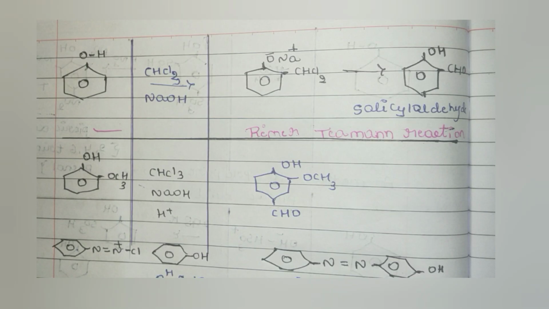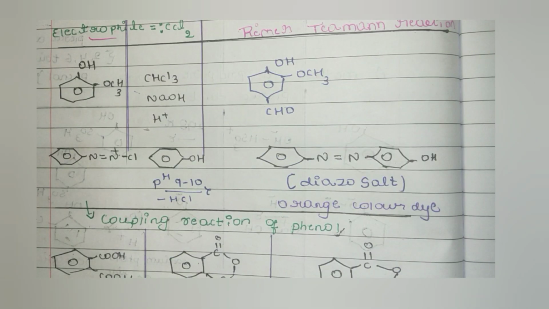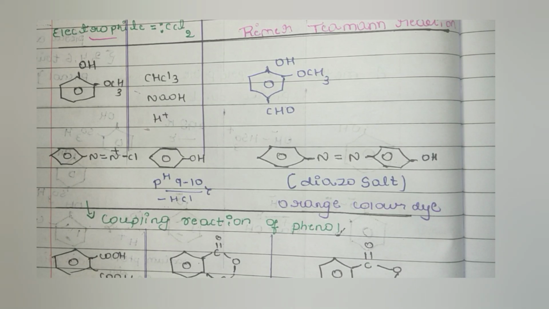This reaction is called the Reimer-Tiemann reaction. In this reaction, the electrophile is dichlorocarbene. An example of this reaction: when methoxyphenol is treated with chloroform and NaOH followed by acidification, it gives this product as the major product.